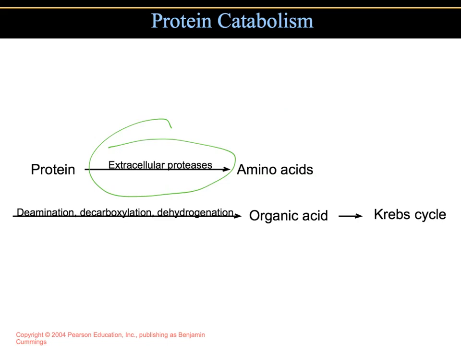Before the amino acids can be used, they must be enzymatically converted to other substances that can enter the Krebs cycle. So deamination is a process where the amino group of the amino acid is removed and converted to an ammonium ion, which can be excreted from the cell. Decarboxylation removes a carboxyl group, and dehydrogenation removes the hydrogen.